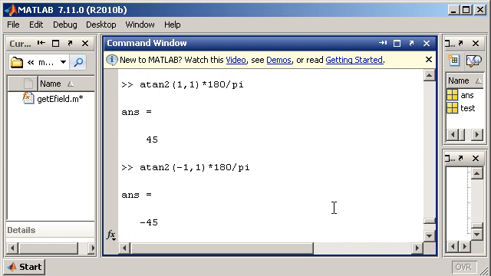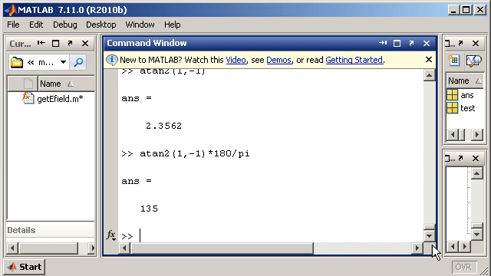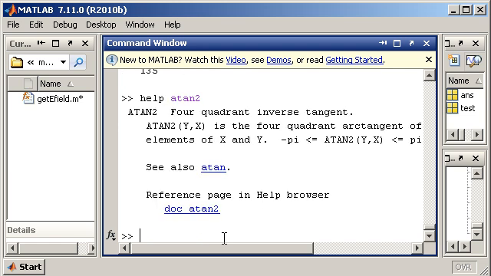So I think I better take a better look at the documentation on that. Help. atan2 seemed to be working for me, and yeah, the four-quadrant inverse tangent, but the argument order is y comma x. Okay, so the first one worked because they were both the same.